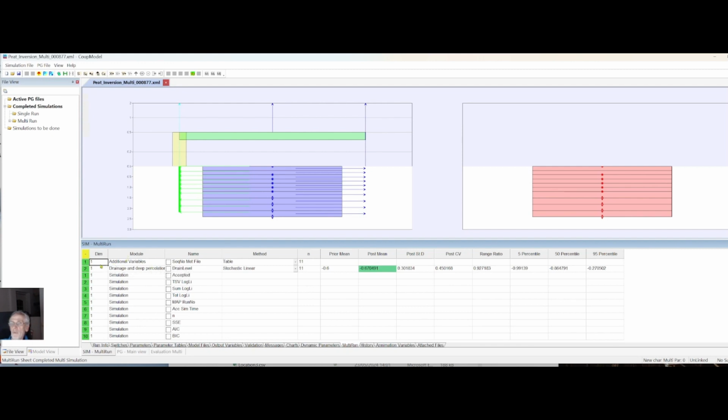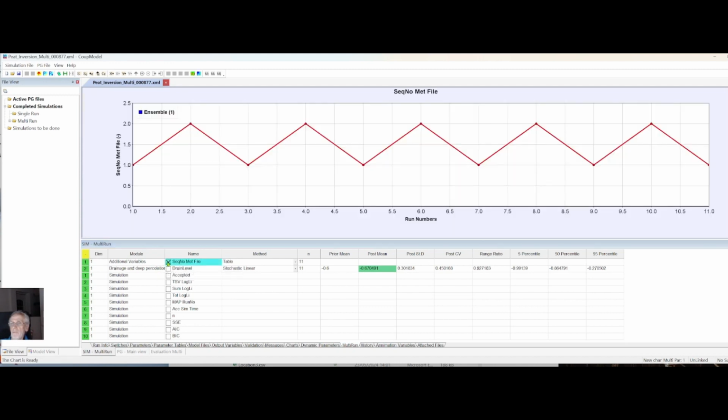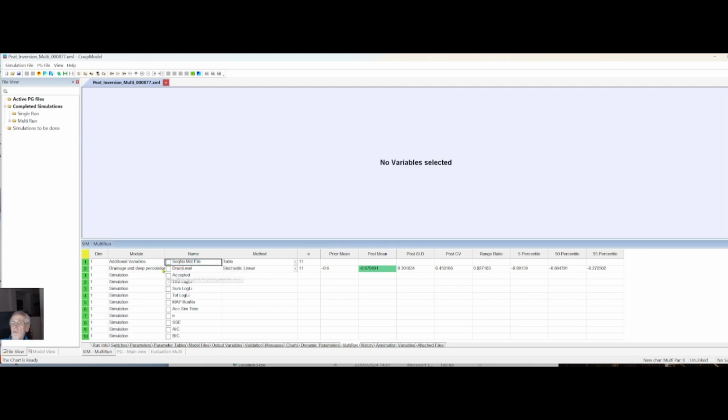They are both in dimension number 1, and the first is this sequence number met file. If I click on that, we will see that it's jumping up and down. We were shifting between station number 1 and station number 2 just to see what type of impact it might have. But we also take one more parameter, and that was the drain level with the stochastic behavior.